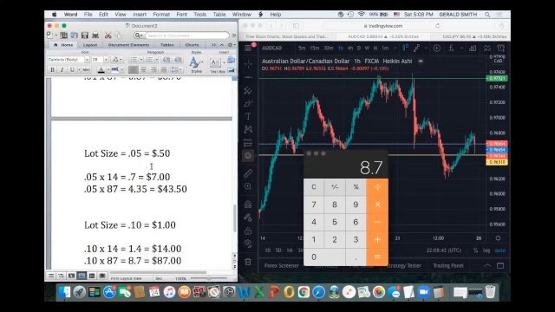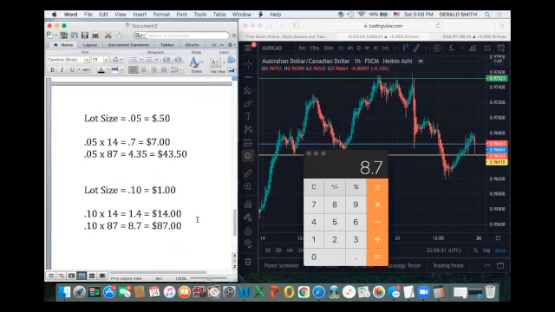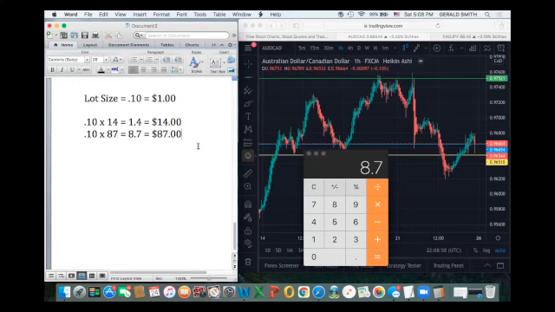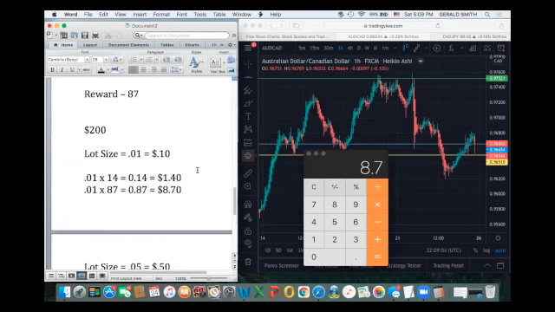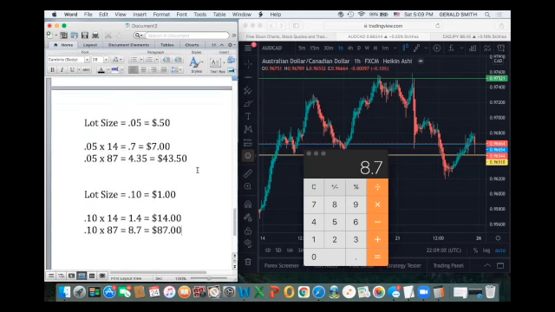With this one, you're risking $7 to gain $43.50. Are you willing to lose $14 to gain $87? Now this is your own account, so you have to decide what bet suits you and what you are willing to risk to gain.